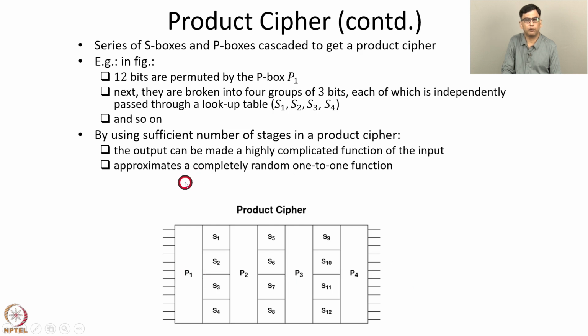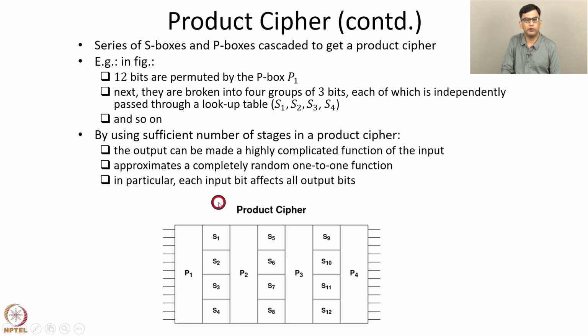So a product cipher approximates a completely random one-to-one function. Recall that we discussed earlier that the objective in a block cipher is to transform the plaintext to the ciphertext in a way that simulates a completely random one-to-one function, and a product cipher achieves this objective.